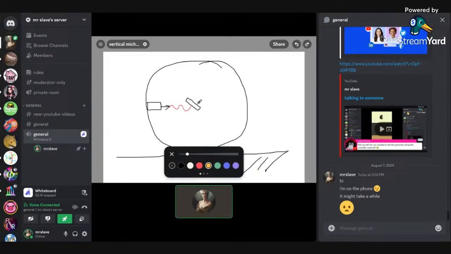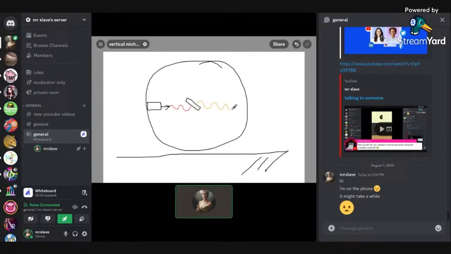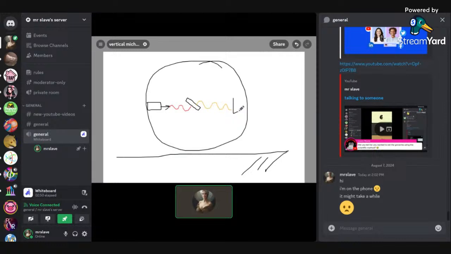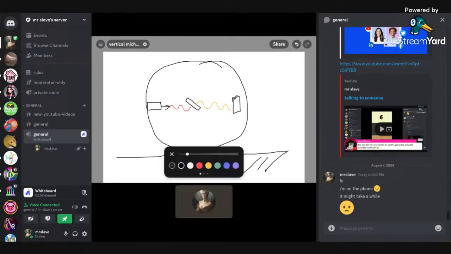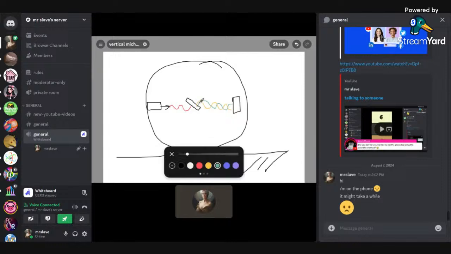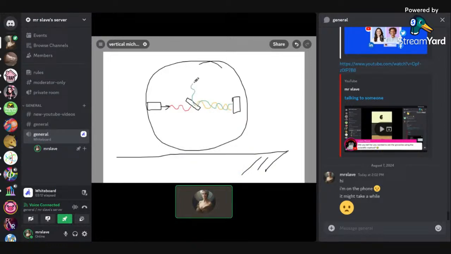Here we're going to have another mirror, a full mirror. So this will go back, hit here and go back, and get reflected. Half will go into the emitter, which is meaningless, and half will go up.